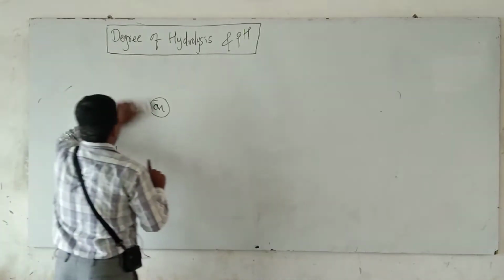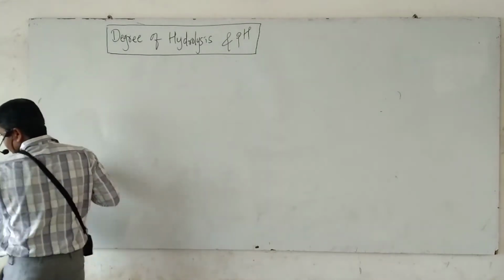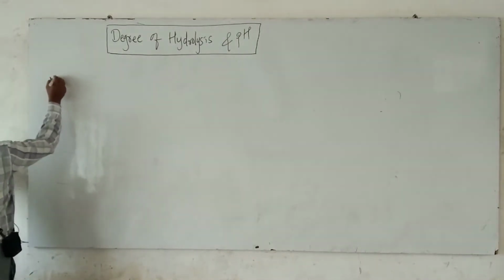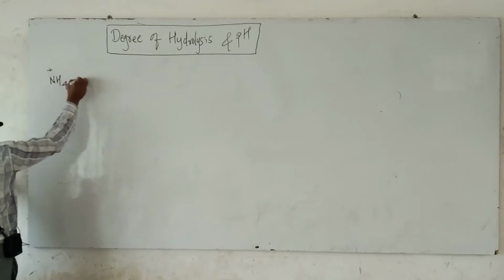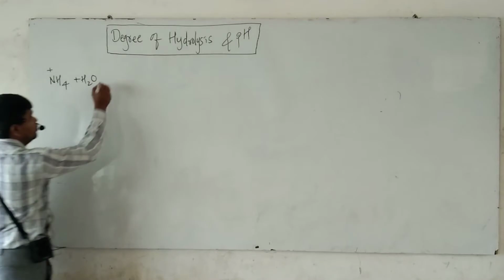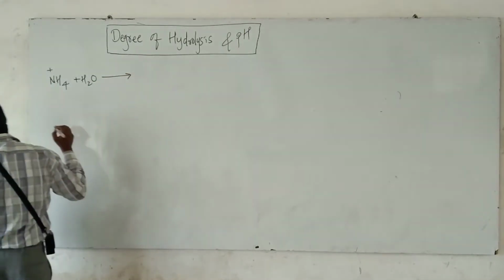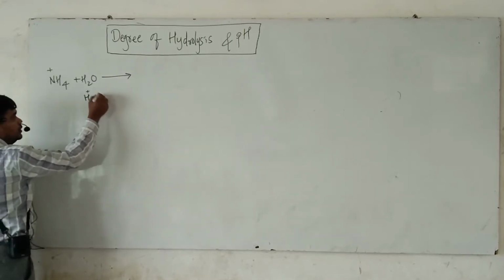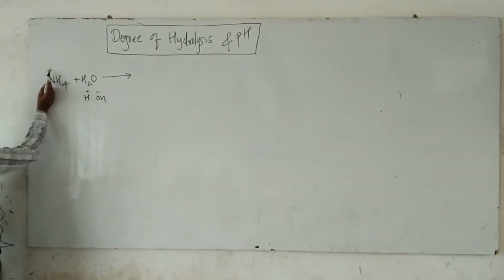Okay. Now, NH4 plus will be hydrolyzed. What will it give? H2O means H plus and OH minus. It is which ion?